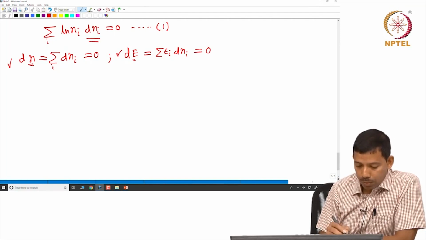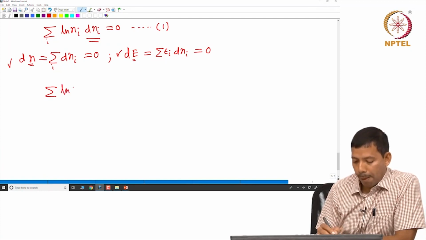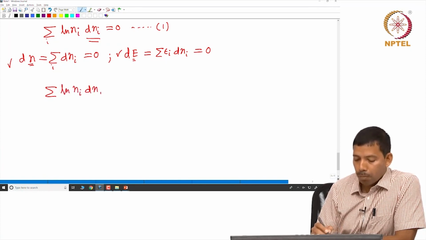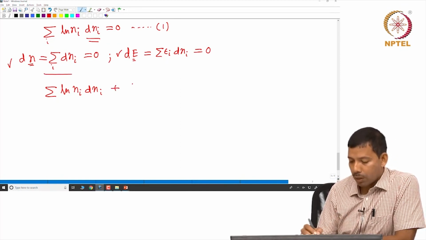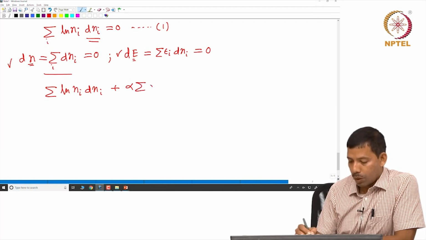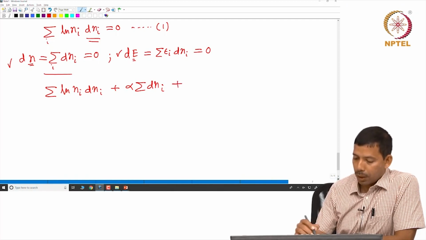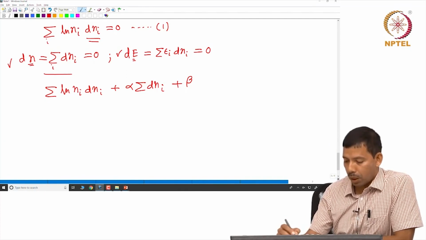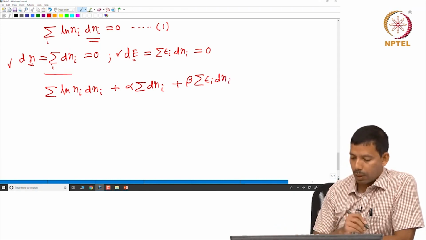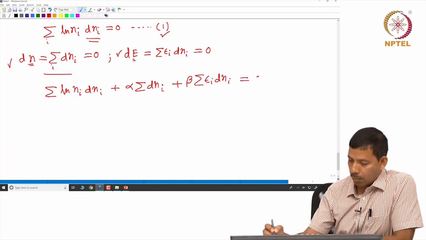So now, following the Lagrange multipliers, we are multiplying constraint 1 by a constant alpha sum over dni, and then adding to this expression the second constraint multiplied by another constant beta, adding those two up in my parent expression 1, and they sum up to 0.